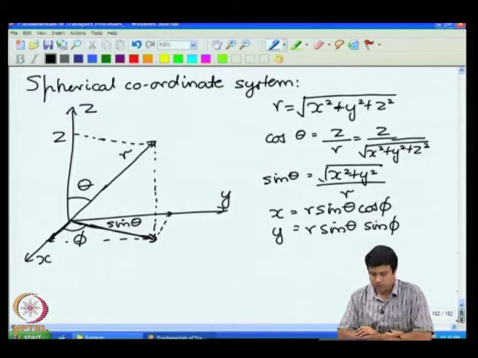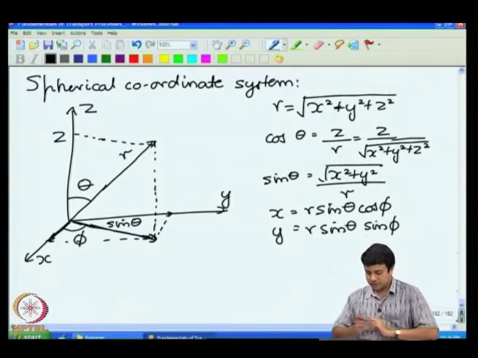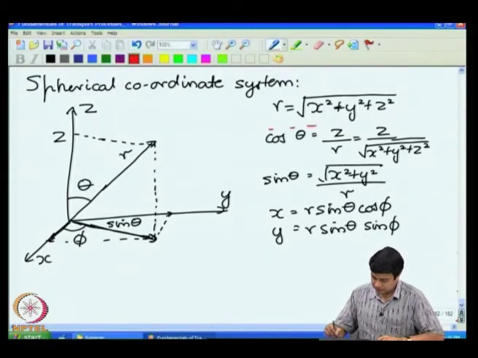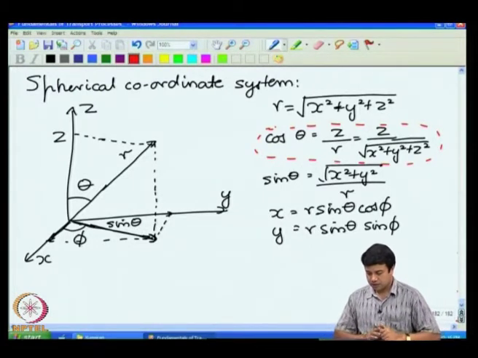r, theta and phi. r is called the radius, theta is called the azimuthal angle, the angle from an axis. And phi is called the meridional angle, the angle around the axis. If you look at this expression for cos theta, at x equal to y equal to 0, if z is positive along the z axis, cos theta is equal to 1.